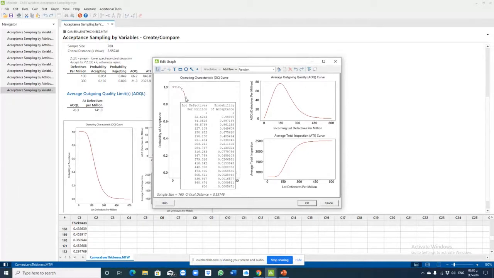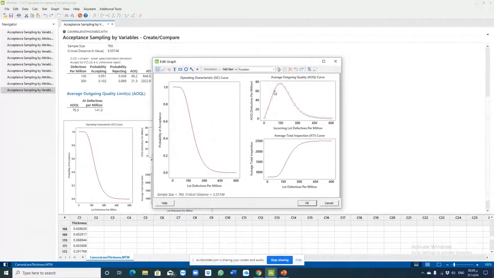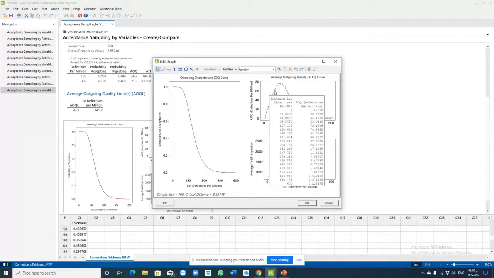This shows you the relation between the probability of acceptance and the number of defectives per million in the lot. Here it shows you the relation between the average outgoing quality after the inspection, in this case defectives per million, versus the incoming defectives per million.